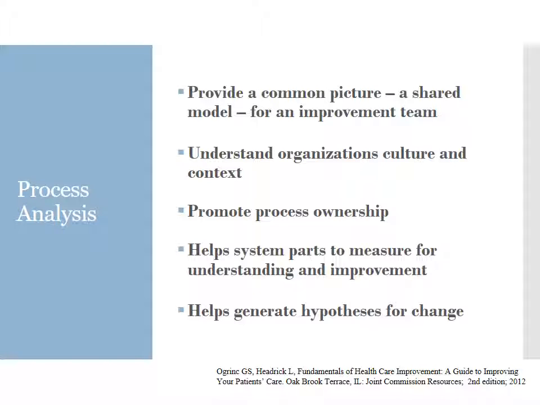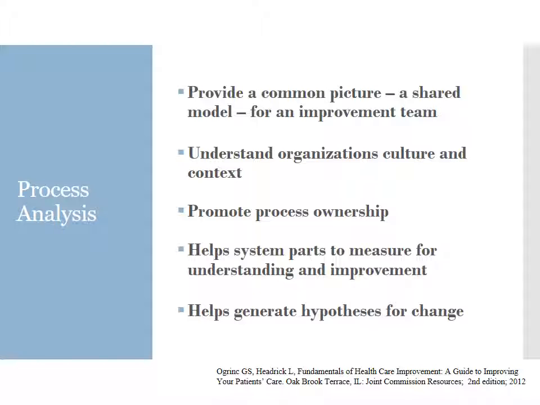We further then need to understand the context in which our process is embedded, and these are the circumstances of a particular event or a situation and how they can occur, and it really complements the culture. We can see culture and context as being woven together. As we're walking through the process, we really want to promote ownership of this process, not only by those that are in the core quality improvement team, but those that eventually will take on this process as part of day-to-day work.